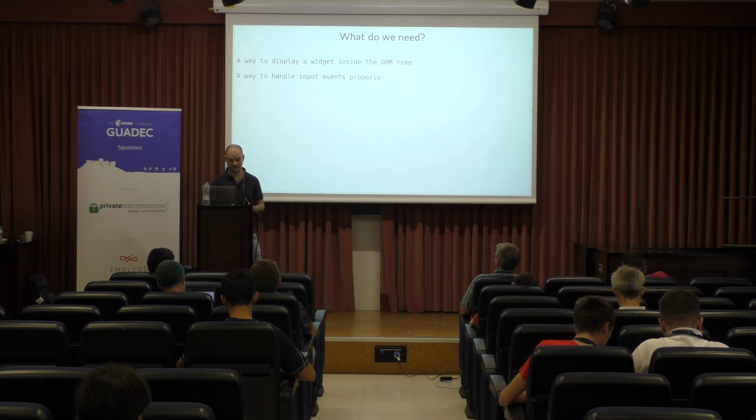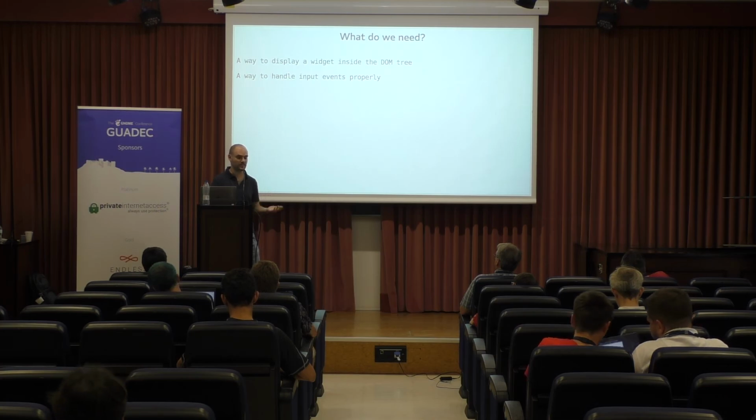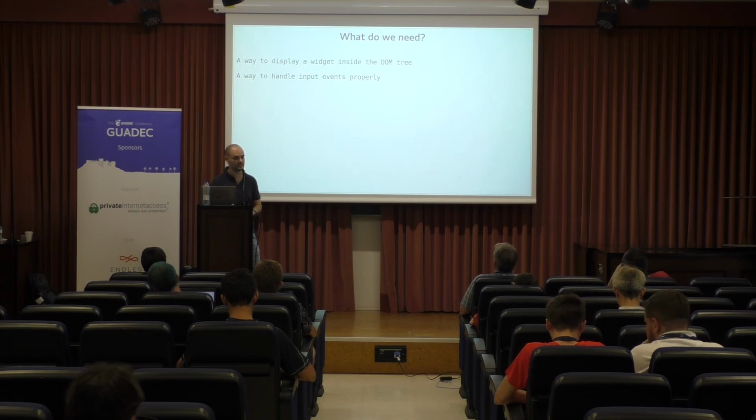And the other big part is how to handle the input events properly: how to get the events from WebKit and pass them to the actual widget that you're embedding, or catch the events before they get to the web view.